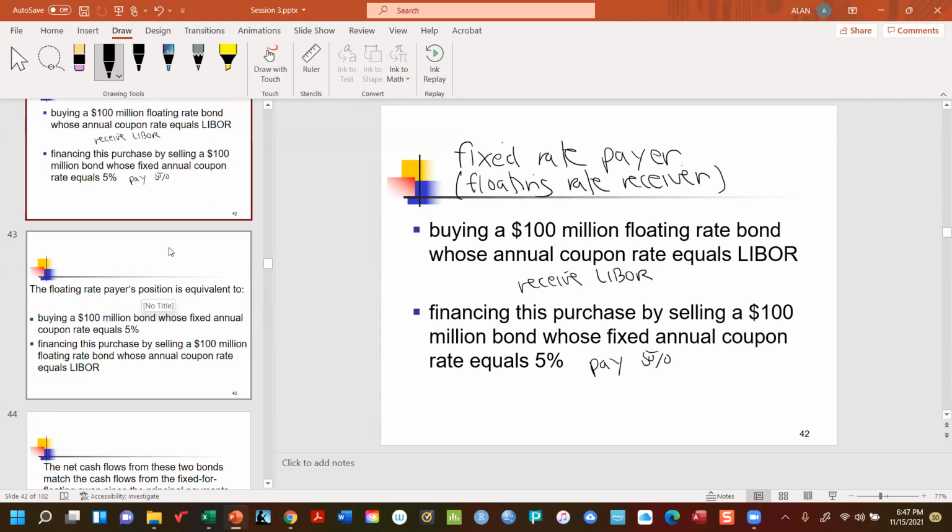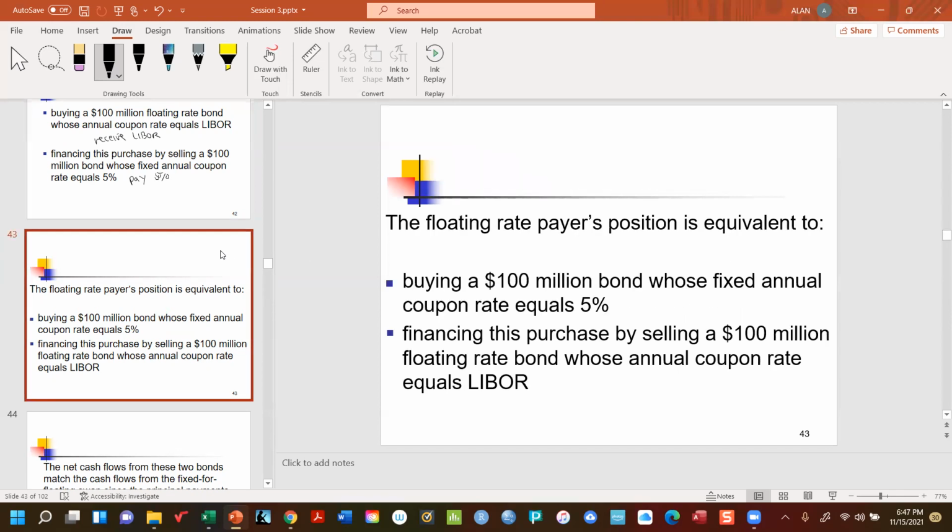And of course, the floating rate payer has the exact opposite position. Okay, so we're just going to reverse these two. The floating rate payer is buying the $100 million bond with a fixed coupon and financing it by selling a $100 million floating rate bond whose annual coupon is LIBOR.